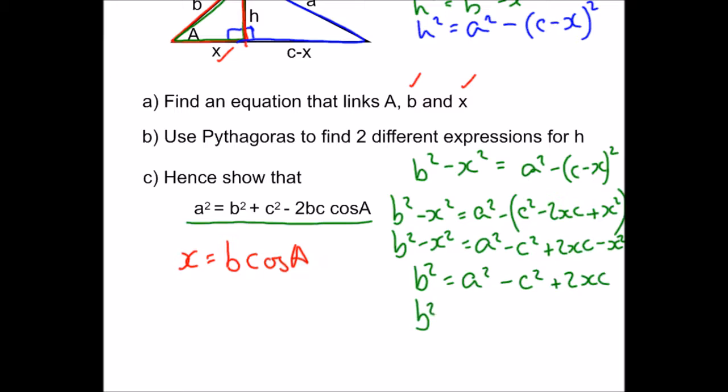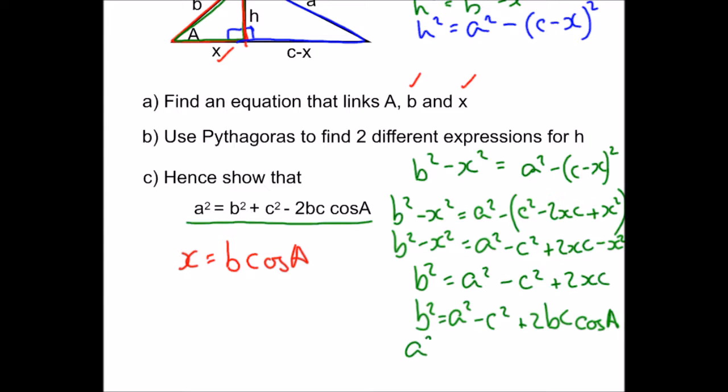So we get b squared equals a squared minus c squared plus 2, and instead of x, I'm going to write my b cos A. And we still have our c there. So we get b squared equals a squared minus c squared plus 2bc cos A.